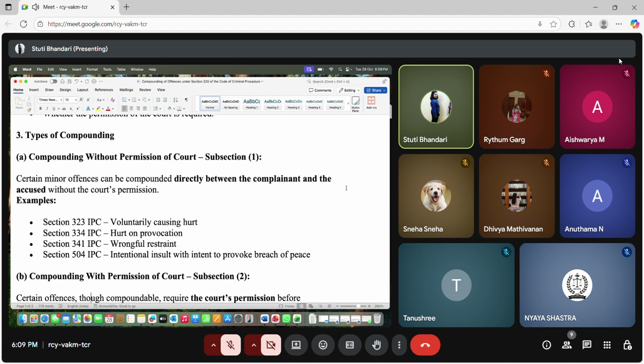Once the negotiations are done, they can file in the court that they have negotiated and want the charges to be compounded.